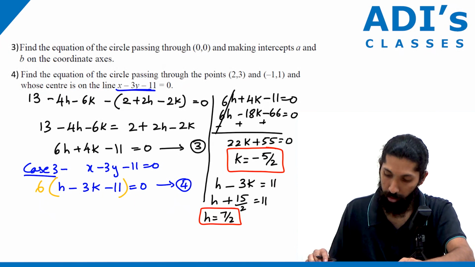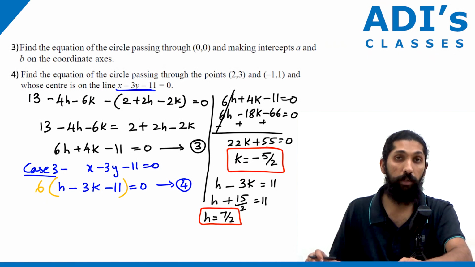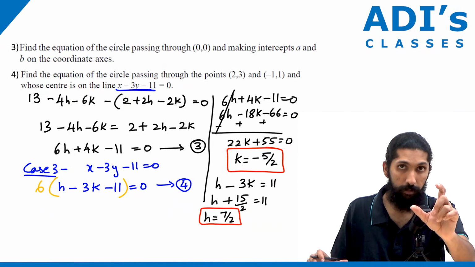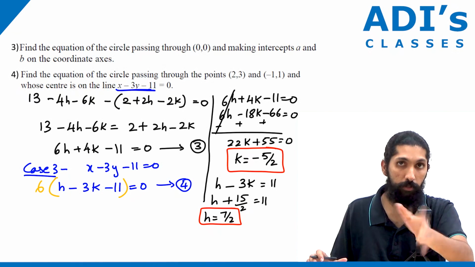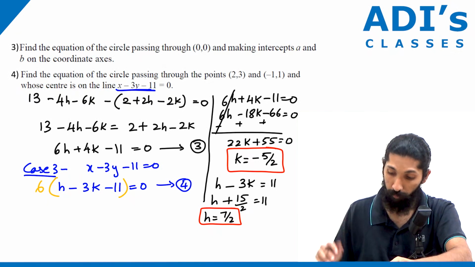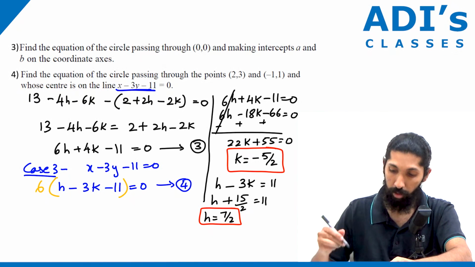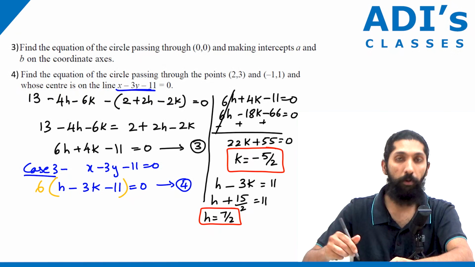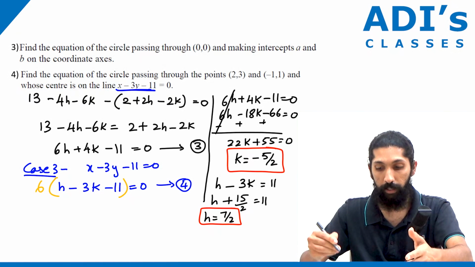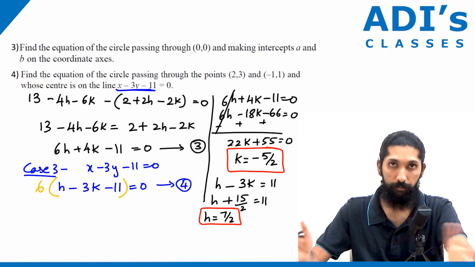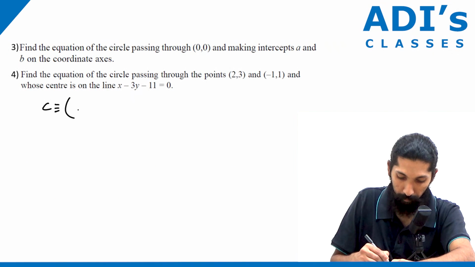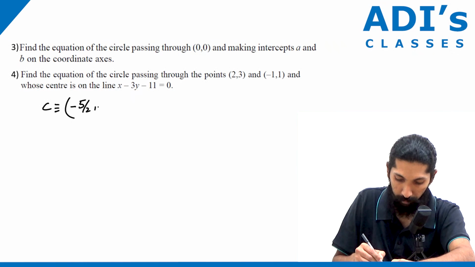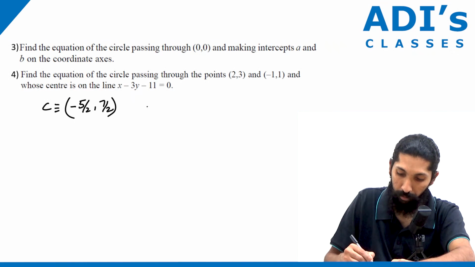Now comes the equation. Before that, you also have to find the radius, because in x minus h whole square, you have to find r square. For that, from h comma k, find the distance to the point, either 2 comma 3, or you can take minus 1 comma 1, any one of them. You have the center minus 5 by 2 comma 7 by 2, and say some point A is minus 1 comma 1.